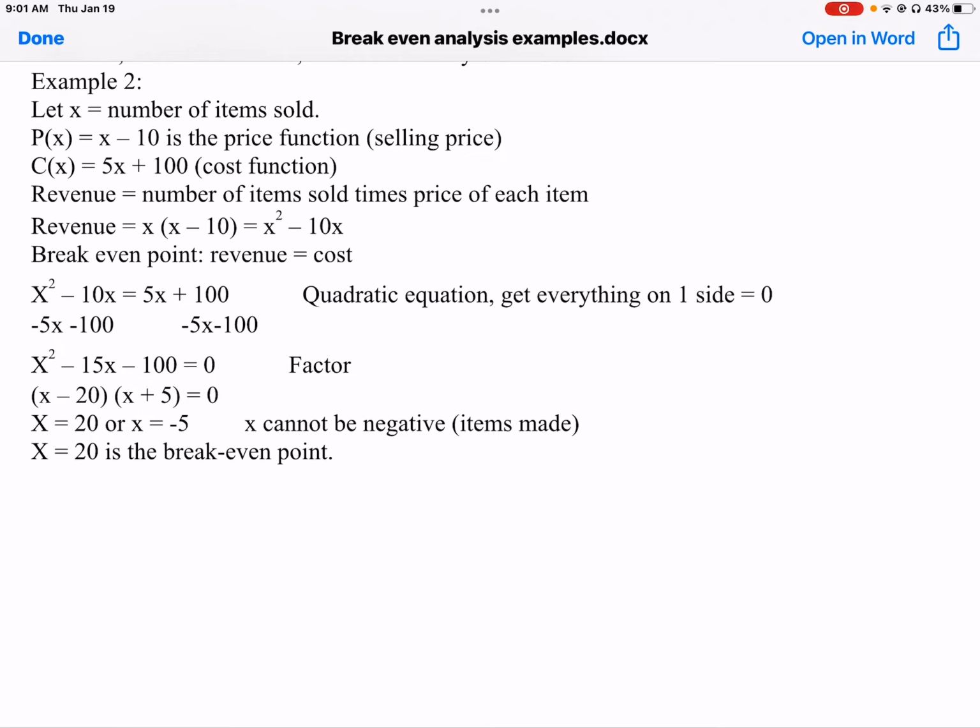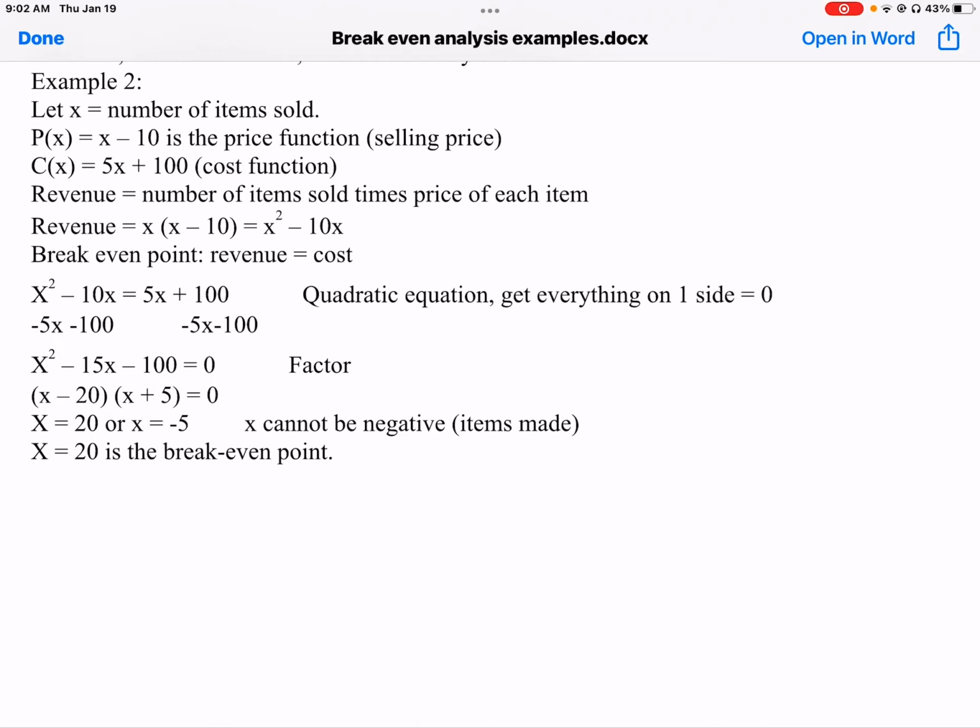The break-even point is revenue equals cost. So our revenue, X squared minus 10X, is going to equal our cost that was given, 5X plus 100. Since this has X squared, it makes it a quadratic equation. So we get everything on one side and equal to 0. Subtract 5X and subtract 100 on both sides of the equal sign.